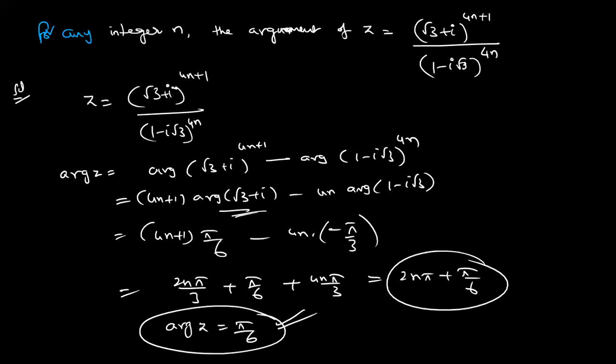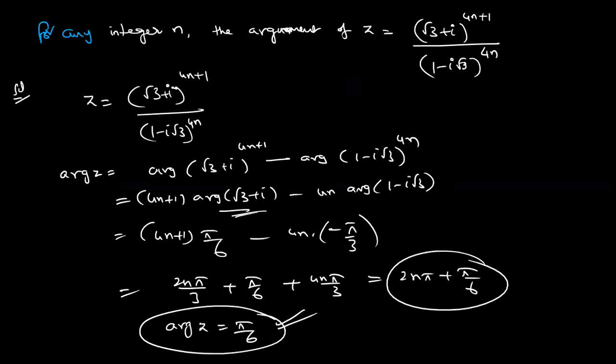Argument of z power n means n into argument of z. Like logarithm of a by b, log a minus log b, same thing. Put n is equal to 1, no?